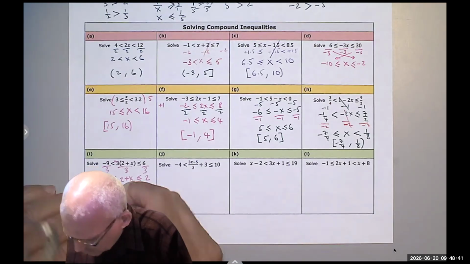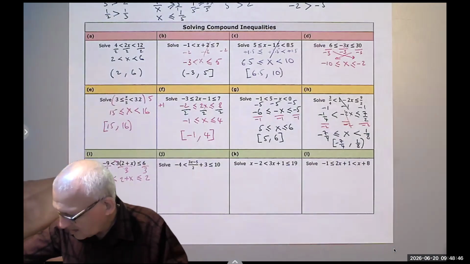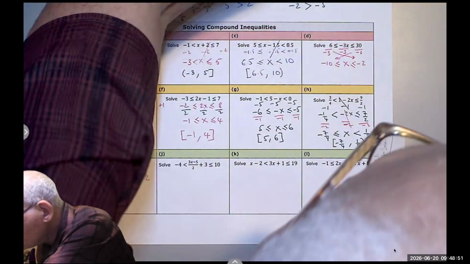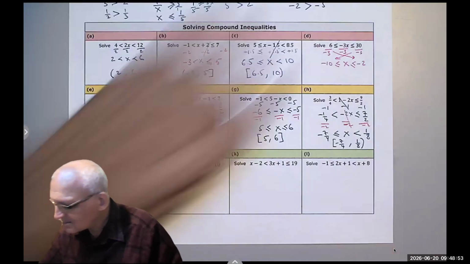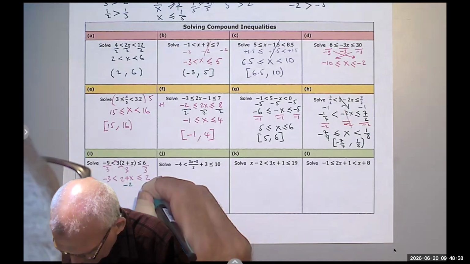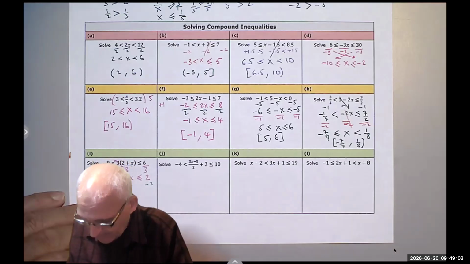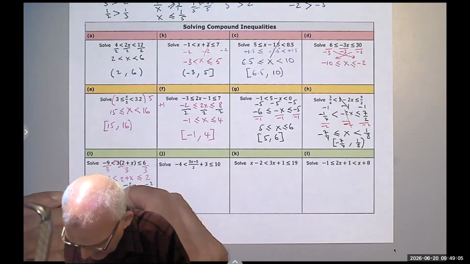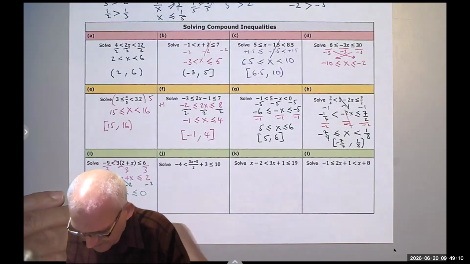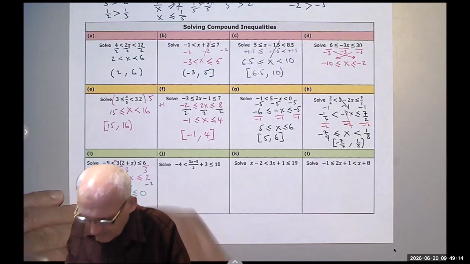And then I subtract 2 from all sides. Again, I subtracted, didn't multiply or divide. So this is -5 less than x less than or equal to 0. So -5, 0 is that.